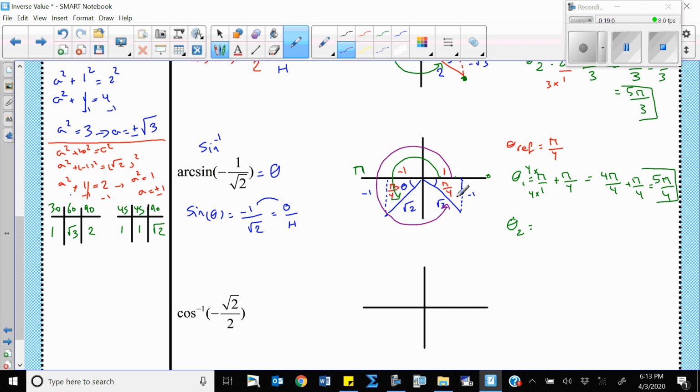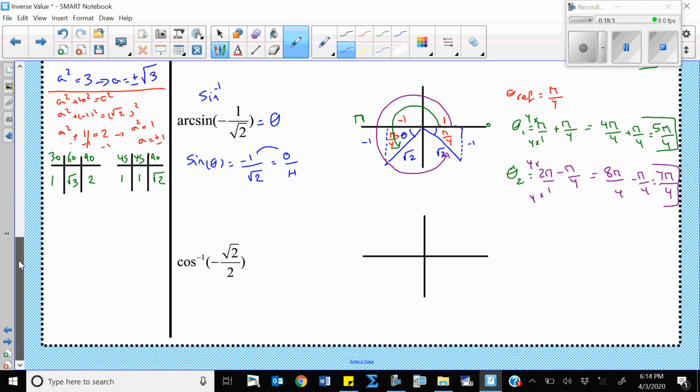Like what we did before, because this is closer to 2 pi, I'm going to use 2 pi, which is the full circle, minus this little one over here, which is pi over 4, and that will be the angle I'm looking for. Again, we need the same denominator, so multiply by 4. This will be 8 pi over 4 minus pi over 4, which is equal to 7 pi over 4. So that's my second angle. Okay, now let's go to the next problem.